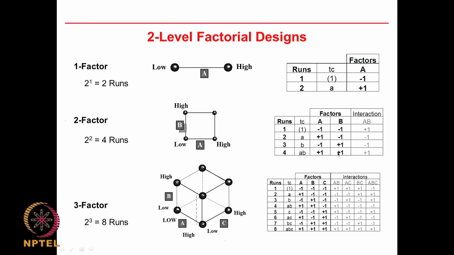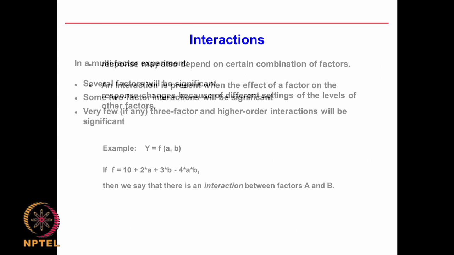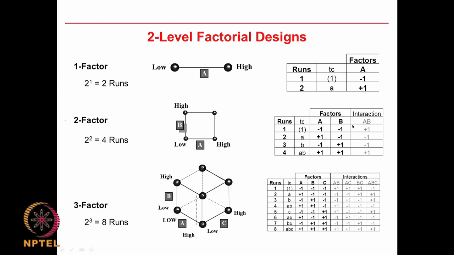In the previous time I mentioned to you that if I am having results output, 4 experimental outputs, if you want to look at the effect of A, I add up the results from here divided by 2, subtract it from adding up this and this by 2, because this is at higher level, this is at lower level.